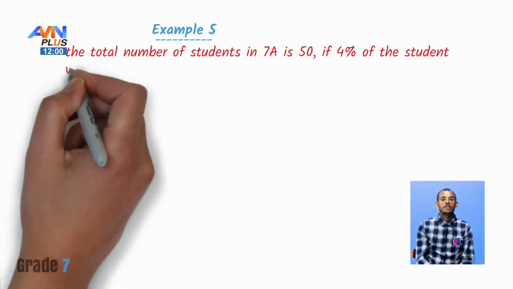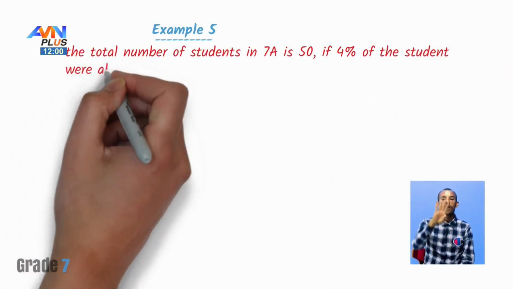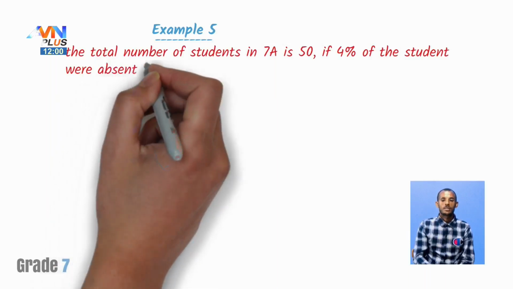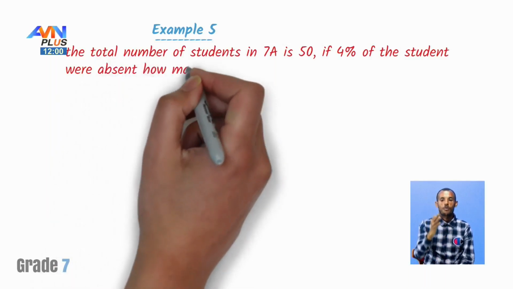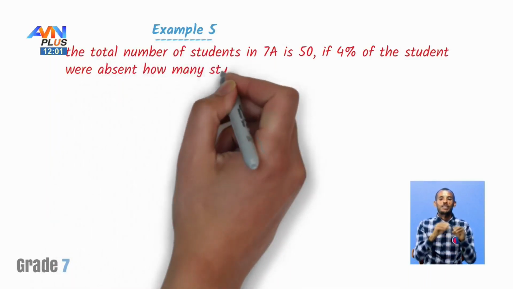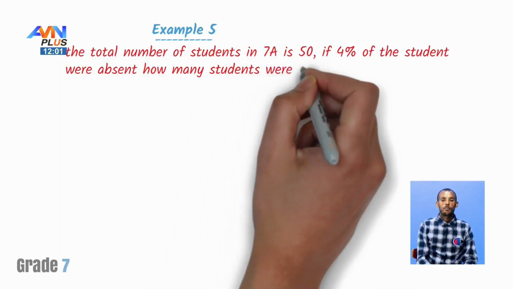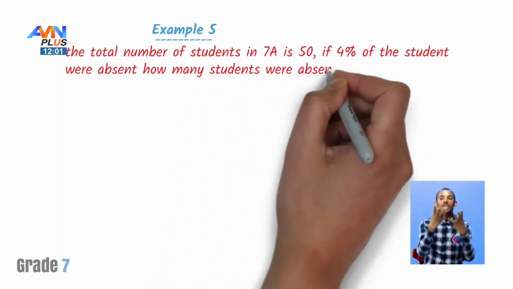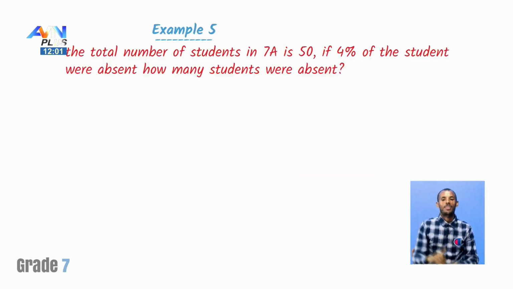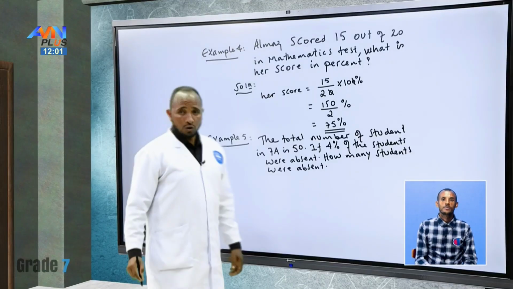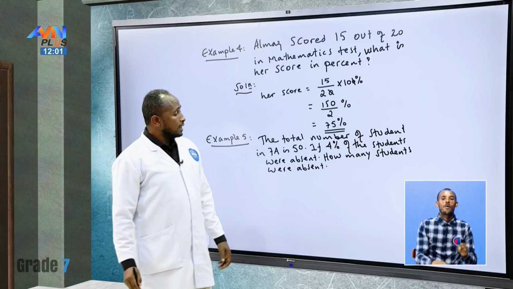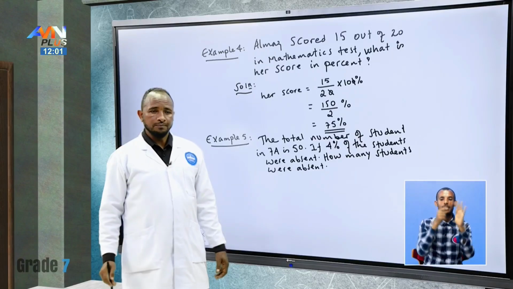If 4% of the students were absent, how many students were absent? So let's try this example together.